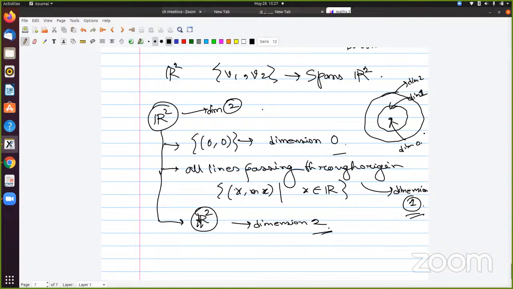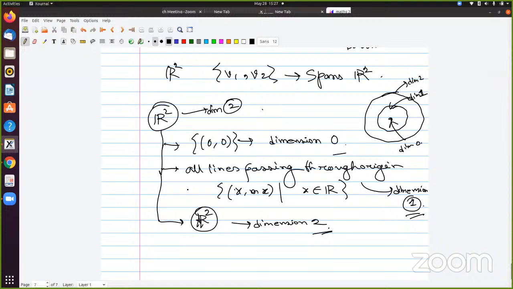We've seen the example of R2 with dimension 2. You cannot see R2 with dimension 1; you can see a subspace of R2 with dimension 1. R2 always has dimension 2. There is no other option.